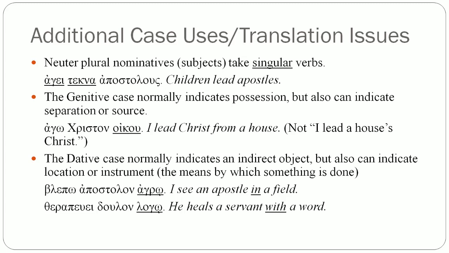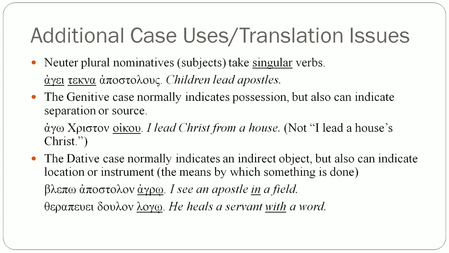Notice tekna is a neuter plural, and it can be nominative or accusative. In this case, this sentence sounds like it is probably a nominative. You have another word there that is definitely accusative. Apostolus can only be accusative. It cannot be nominative. So tekna is probably going to be your subject.